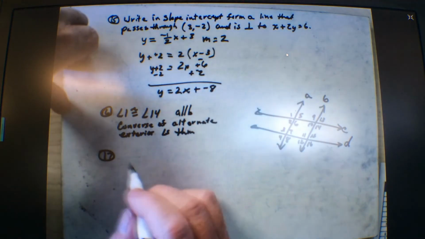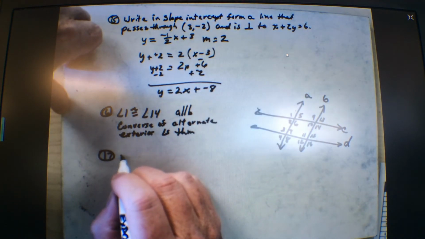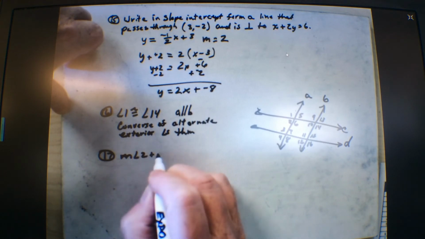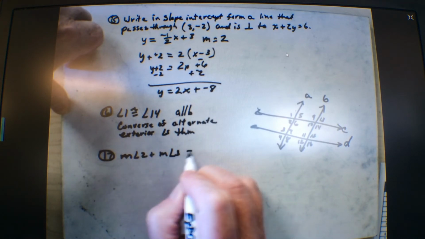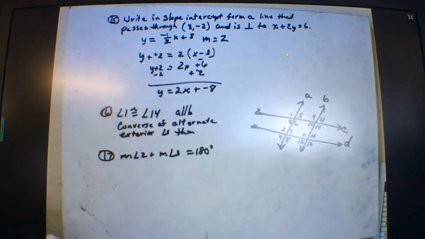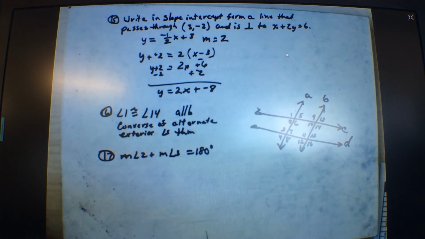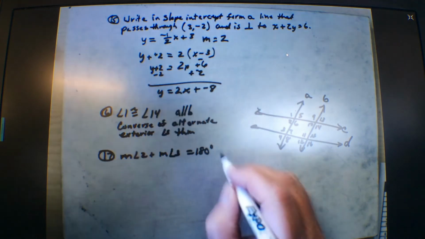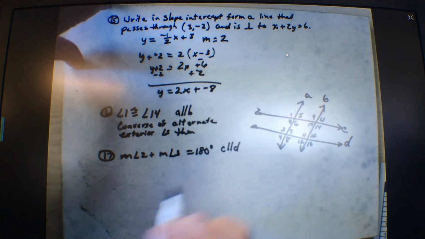All right, now we have the measure of angle 2 plus the measure of angle 3 equals 180 degrees. What two lines are parallel? C and D. C is parallel to D, correct?